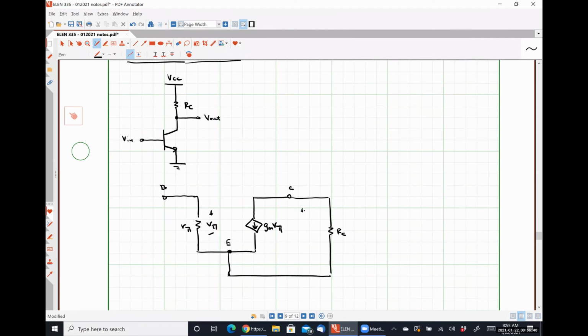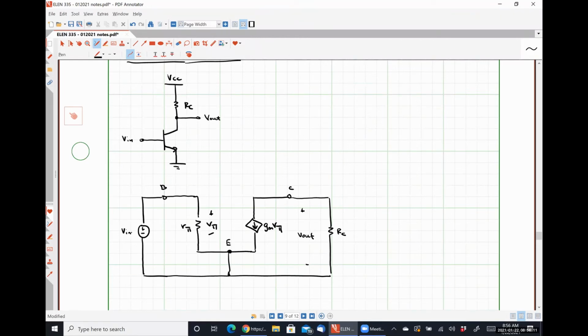Goes here. Here's our output voltage. Here's our input voltage. All right, so from this simple circuit right here, we should be able to knock out 2 of our 3 parameters, the input resistance and the voltage gain, okay?